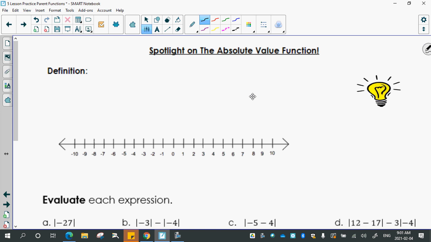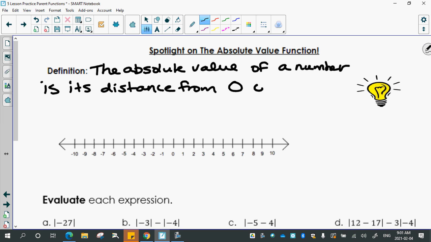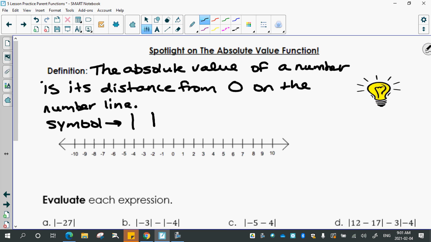All right, so definition of absolute value. The absolute value, we'll go back and fill out the graph in a minute, of a number is its distance from 0 on the number line. And the symbol are these bars.